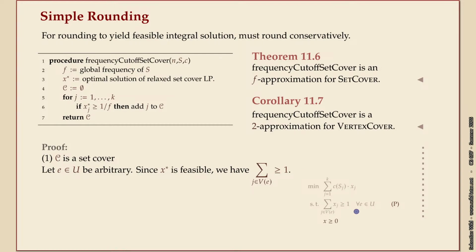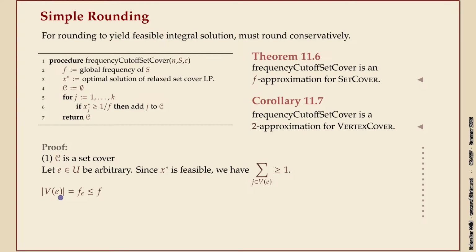So it has to satisfy, in particular, this constraint for this specific e. So we have the sum is greater or equal 1. You're summing the values of these sets. Now, again, it's a fractional solution. So these could be any number between 0 and 1. You're never going to get larger numbers in an optimal solution.